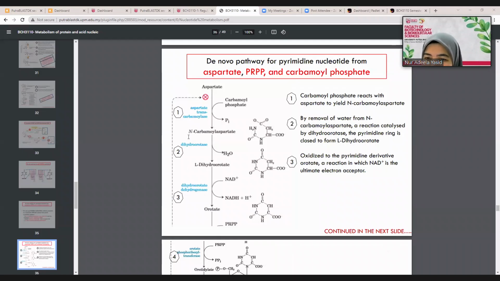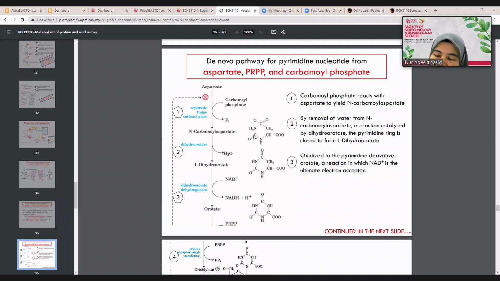Once it produces carbamoyl aspartate, if you look at its structure, you can see it's nearly a closed ring. You can see the ring structure, but it's not closed yet.